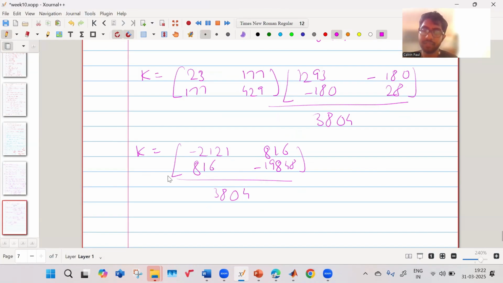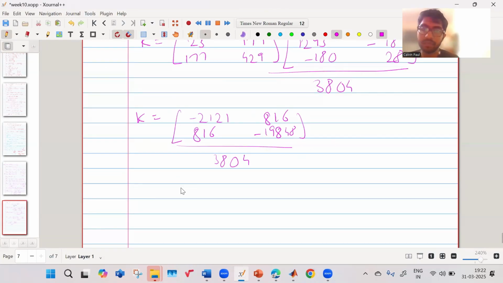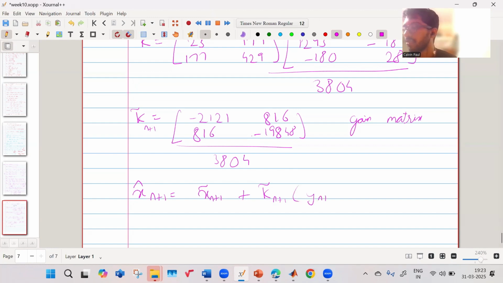This is the gain matrix which was found. Now we have to find the updated state.